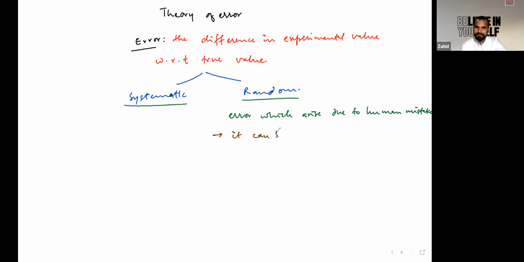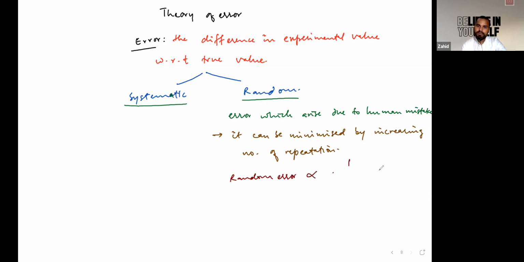So it can be minimized by increasing number of repetition. That's why you are being advised to take more and more number of repetition of the same measurement. So random error is inversely proportional to number of repetitions.